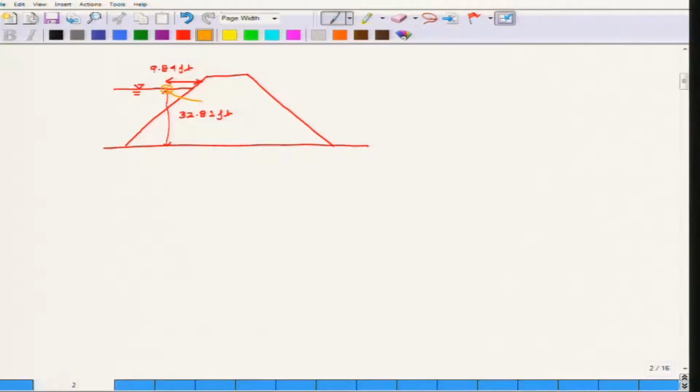Now we all know that if F is the focus of the parabola, and the point F lies exactly here. So this is the focus of the phreatic line, because the phreatic line itself is a parabola.